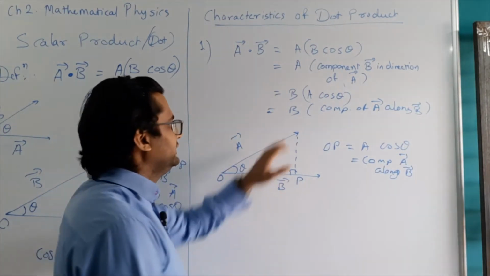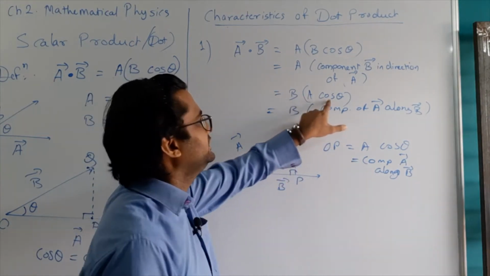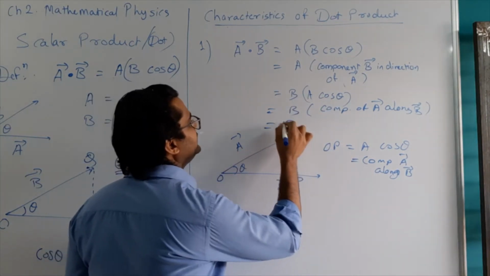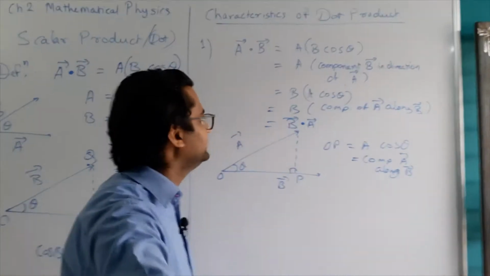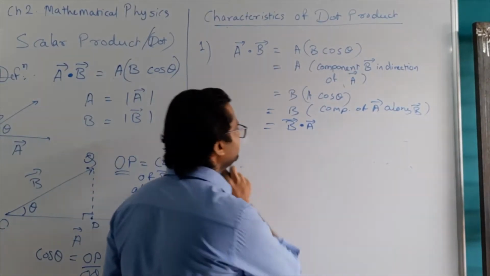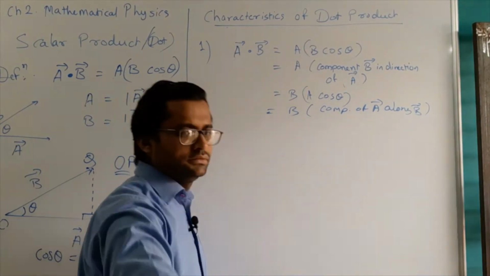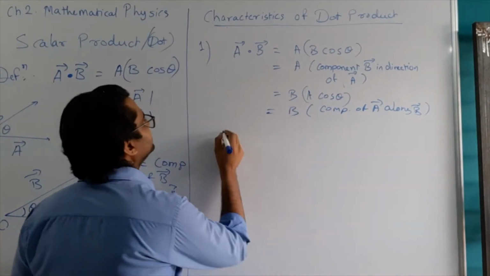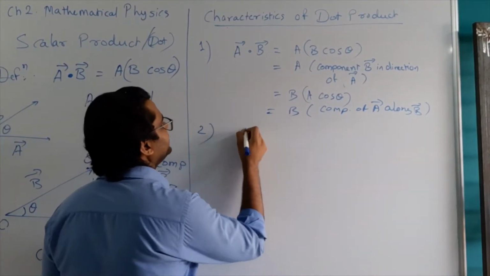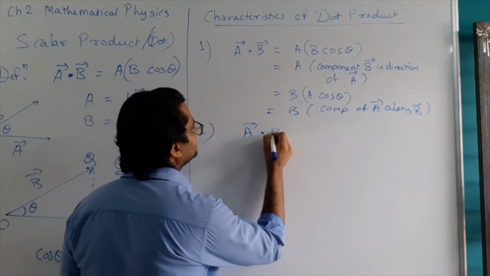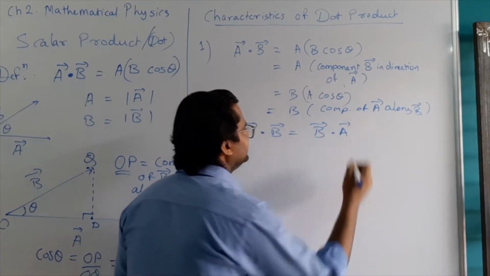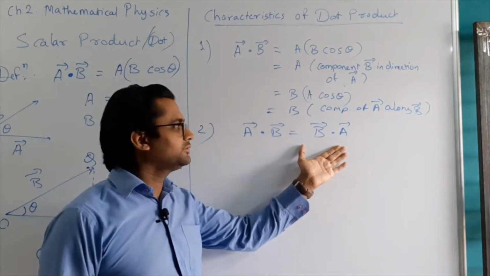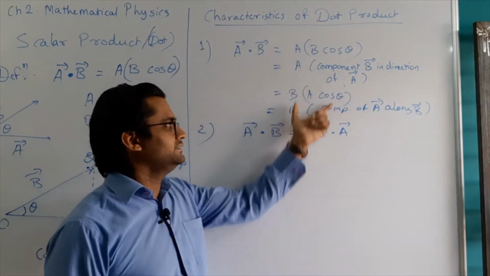And we can write this BA cos theta as B bar dot A bar. So this is our second characteristic, and we'll write this separately. From this reverse sequence, we can also write that A bar dot B bar can also be written as B bar dot A bar. Since this is a scalar product, its answer is scalar, so we can change the sequence.